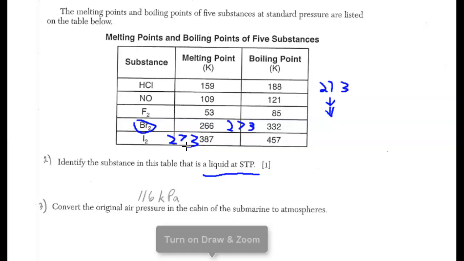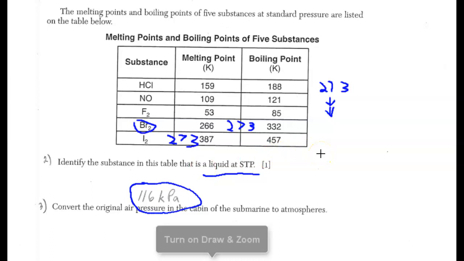Let's move on. Number 3, convert the original air pressure in the cabin of a submarine to atmospheres. Now, this question was part of a multi-type question, and I put here the value that we have to convert: 160 kilopascals to atmospheres. You don't have to memorize the conversion.